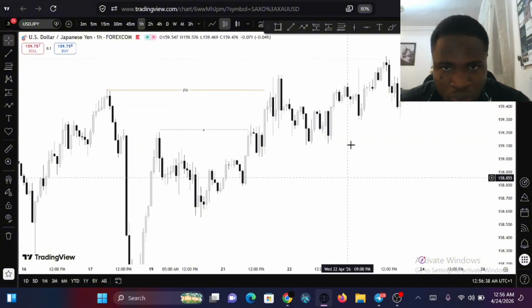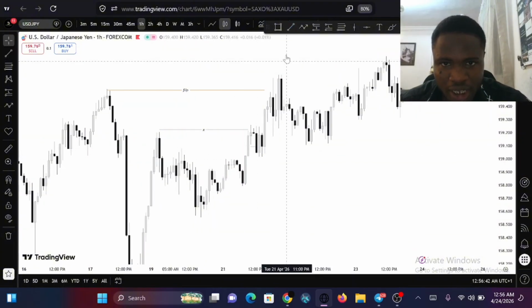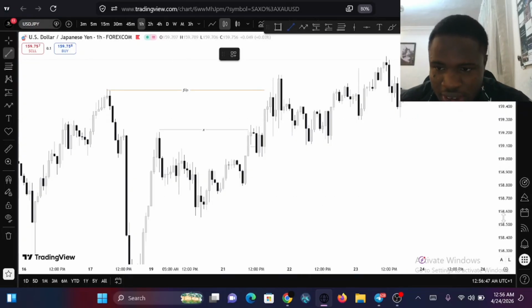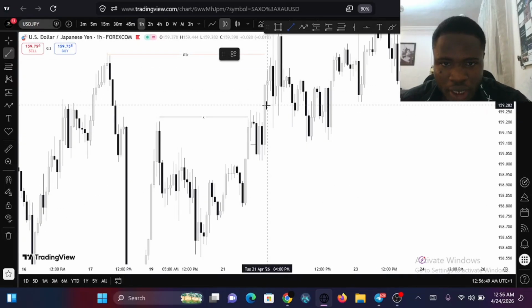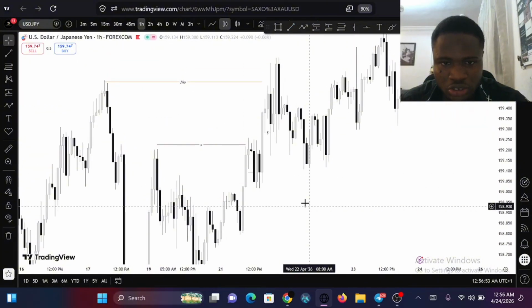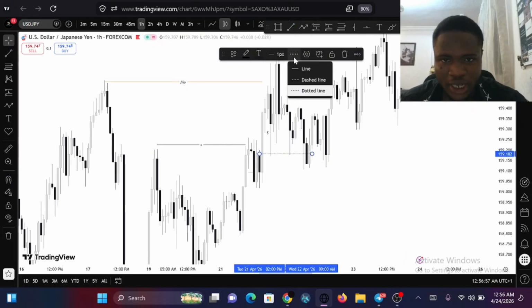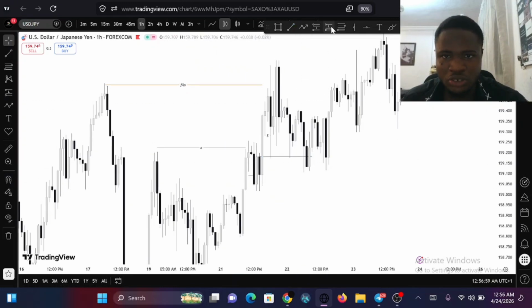We had this zone, which had a liquidity sweep here, and price created an inducement. You can still see it here. Look at this zone, we had this inducement right here. Price tapped on this zone, and this is where I expect price to buy from. So this is a flip entry here.